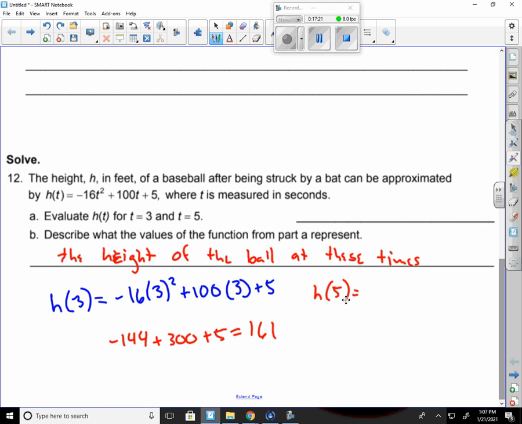So negative 16 times 25 is negative 400, and that's plus 500, which is 100, plus 5, this would be 105. So at 5 seconds, the ball was at 105 feet. At 3, it was at 161. That tells me at 5 seconds, it's already on its way back down.